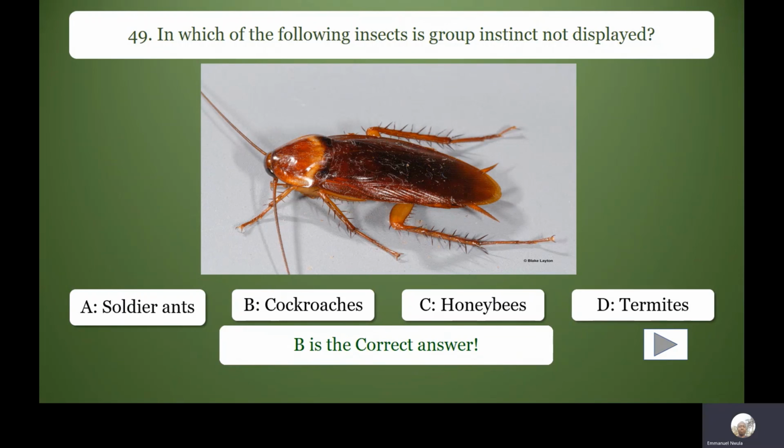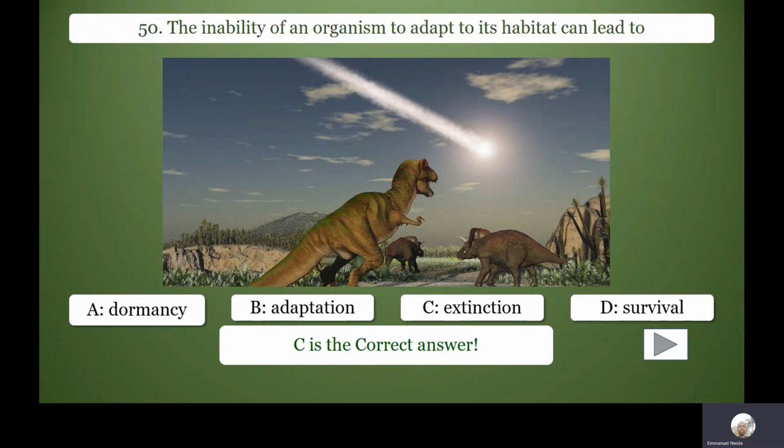They are social insects, but cockroach is not. The inability of an organism to adapt to its habitat can lead to extinction. The organism will cease to exist, like the dinosaurs are no longer existing. They have become extinct.